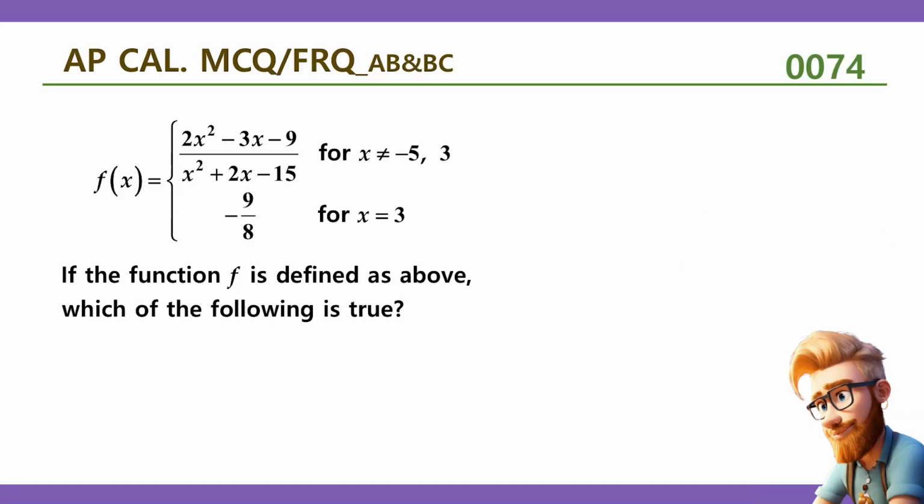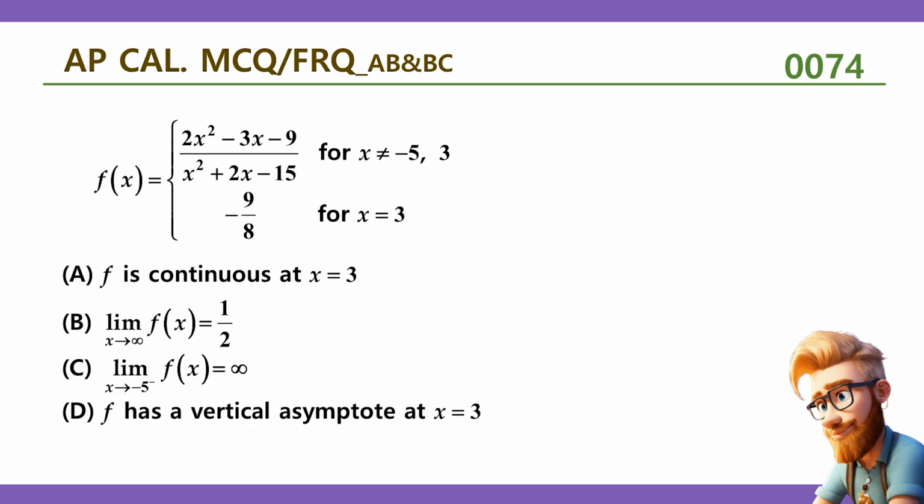Question 74. If the function f is defined as above, which of the following is true? So let's look at the answer choices. Answer choice A: f is continuous at x equals 3. The function f is continuous if the function value is equal to the limit value at x equals 3.